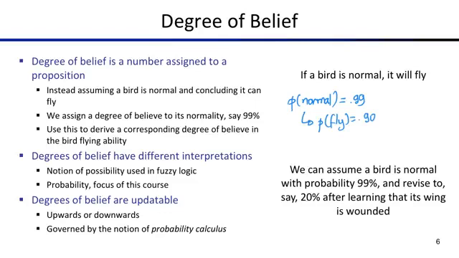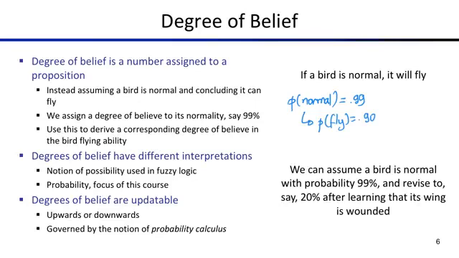In fuzzy logic, we have what we call the degree of membership. So a variable can be a member of different sets with different degrees of membership. We will not get into detail, of course. For this course, we will focus on probability as a way of encoding those degrees of belief.